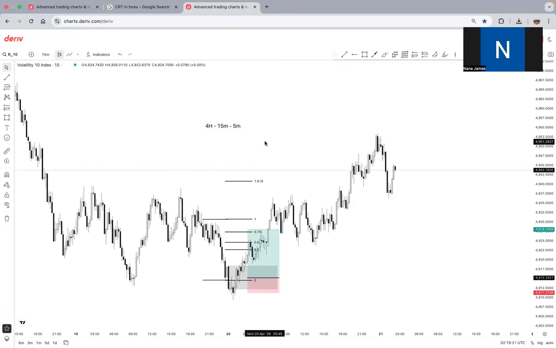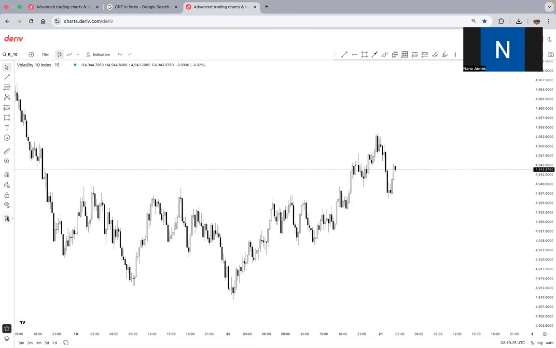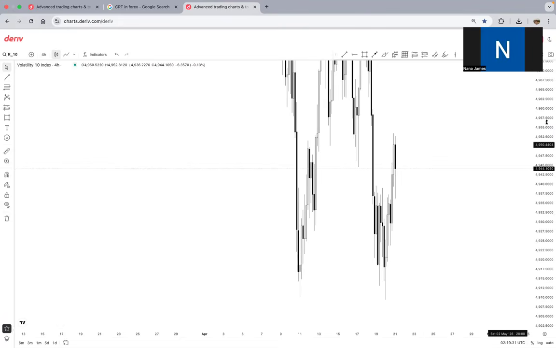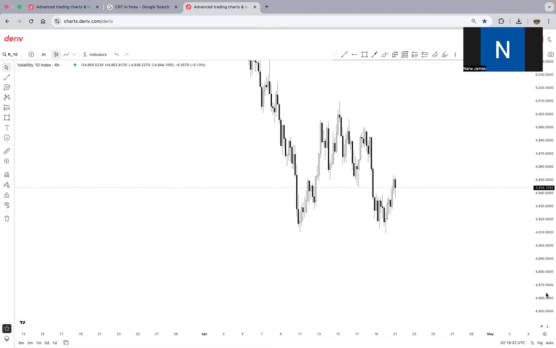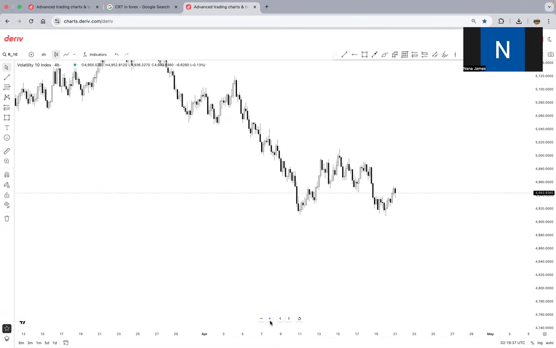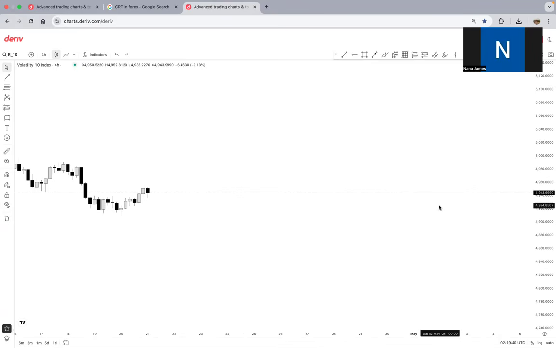So continue to practice this and let's see how this plays out. Once you are getting a high win rate, it means it's a model that you can rely on for setups.